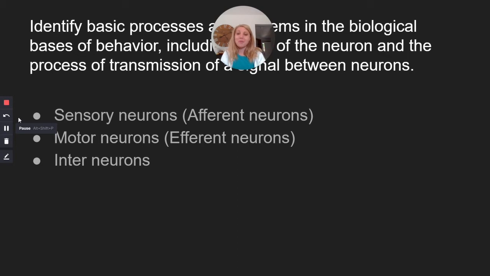So in that process of me yelling at my dog, I heard him barking. I reacted to him barking. I had a muscle movement where I spoke to him and I yelled his name. And in between those two things are interneurons. So interneurons are going to process all of that information that I need.